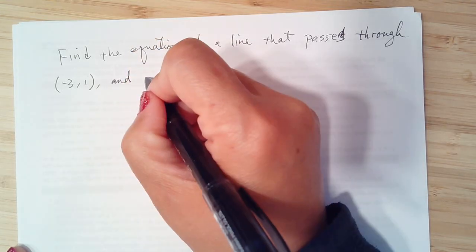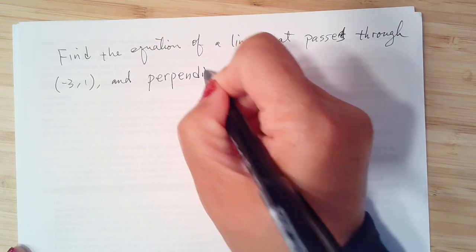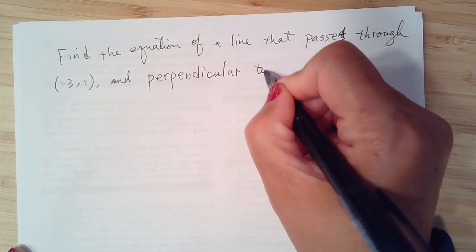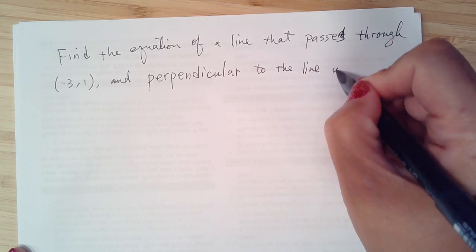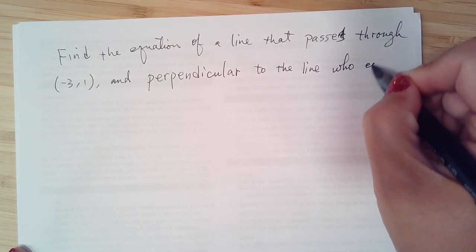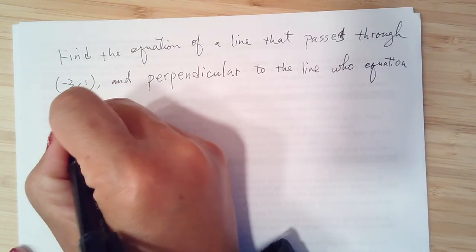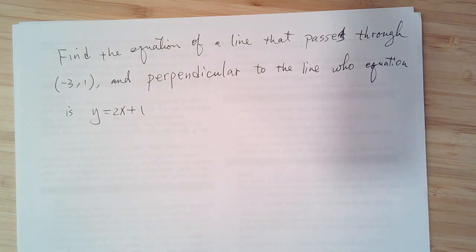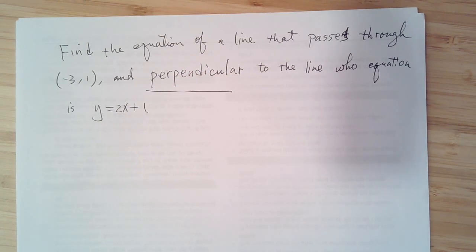And here, perpendicular to the given line, or old line, whose equation is y equals 2x plus 1. All right, now the only difference is this: it's perpendicular, and the previous example shows it's parallel.